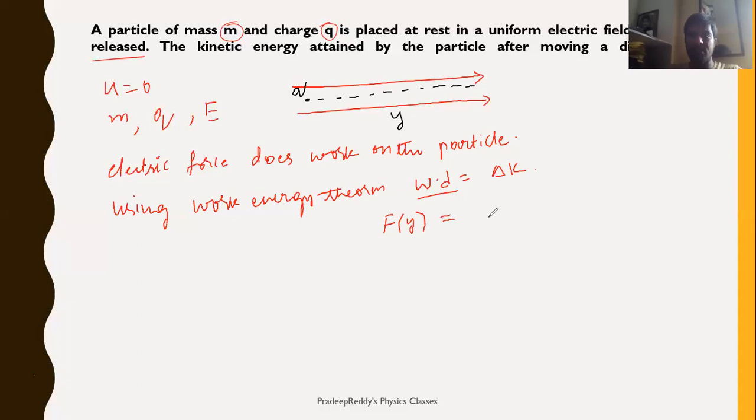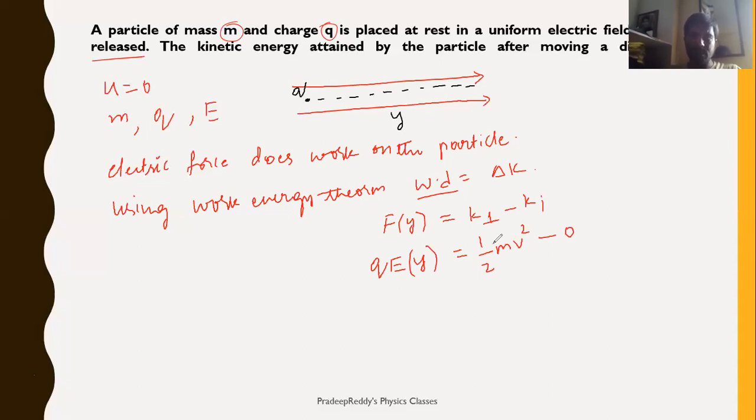Change in kinetic energy is final kinetic energy minus initial kinetic energy. The force experienced by this charged particle is q into E and the displacement is y. This is equal to the final kinetic energy, half mv square, minus the initial kinetic energy, which is 0 because it is starting from rest position.